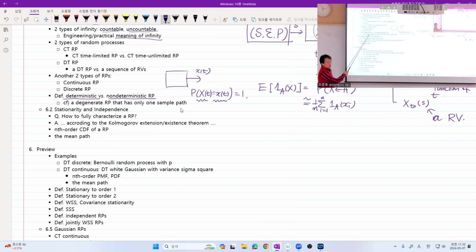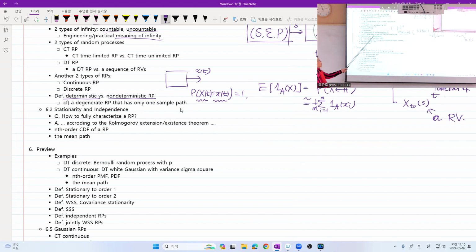Deterministic random process means that if you observe a realization up to some time instant, then you can perfectly predict the future. Of course, you may say that that is useless, but in some applications, that is very useful. So remember that.